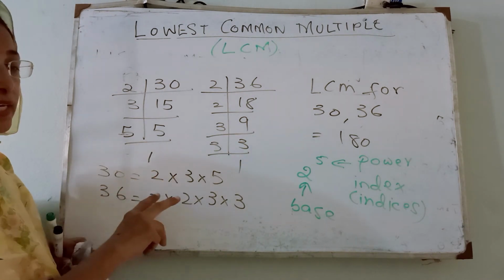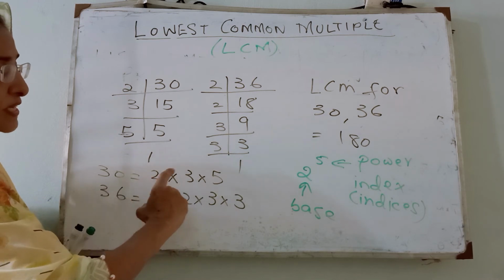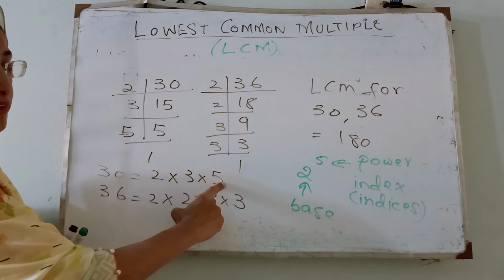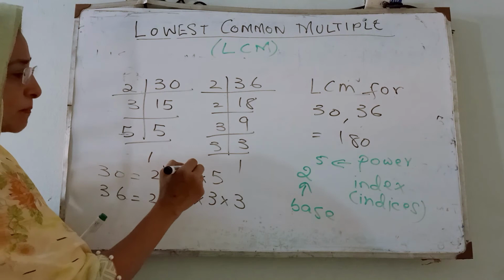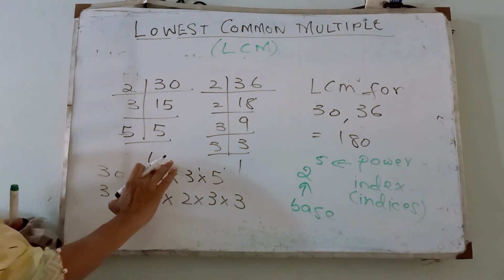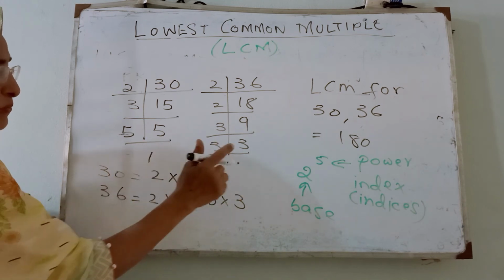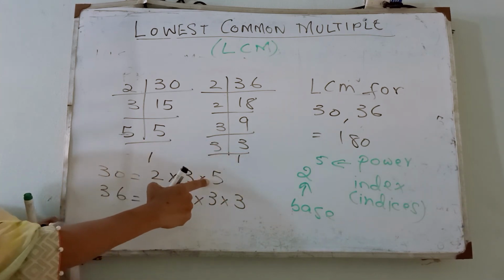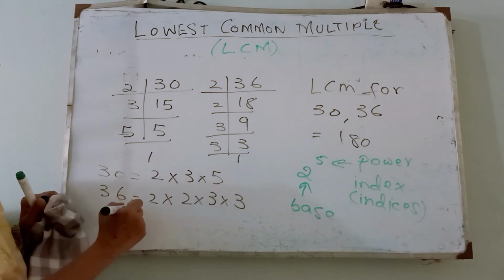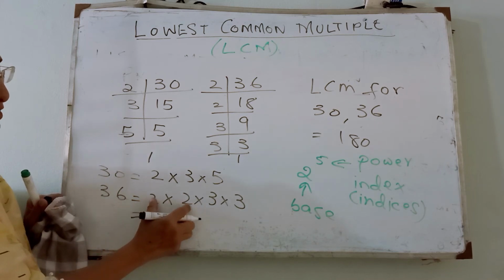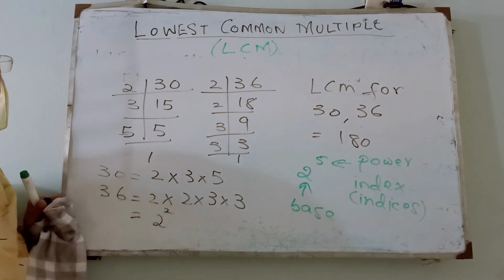But for writing the numbers in the form of power, the base should be the same. As you can see in 30, all the bases are different. So what is the power in all of them? Power is 1. So 1 is usually not written, and I am not going to make any change in this, and it will remain as it is. Whereas for 36, since 2 is the base and it is coming 2 times, the power will be this.